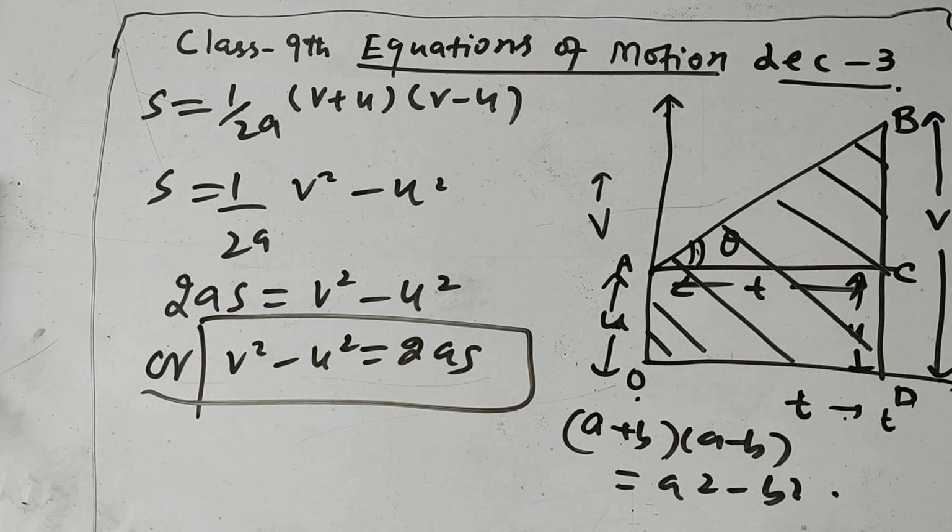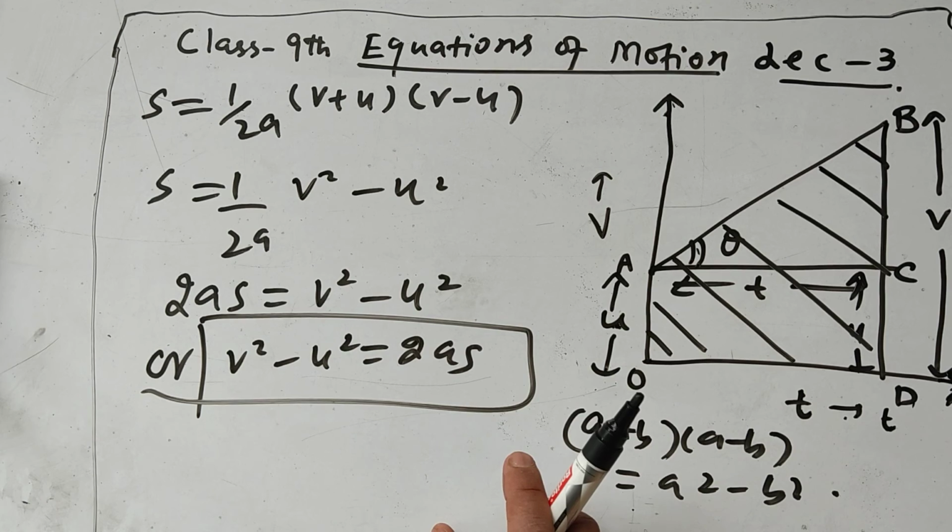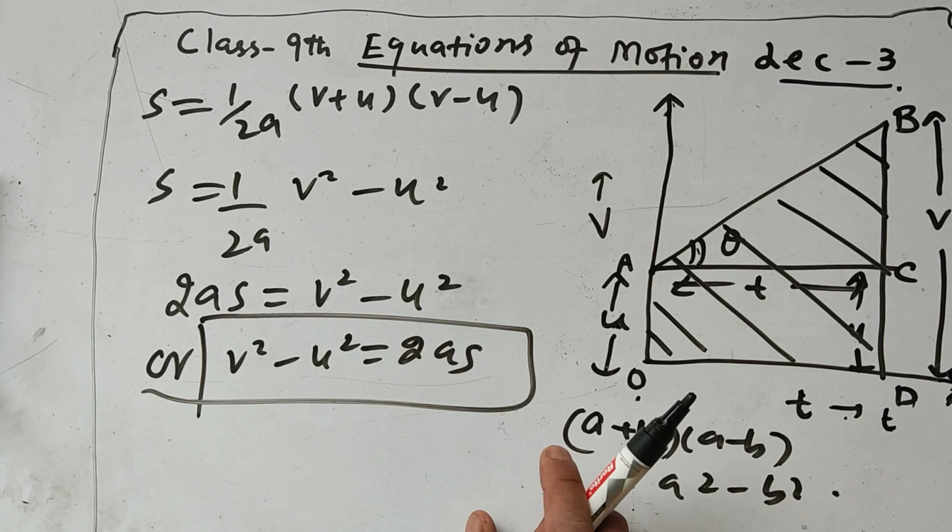But remember one point, these equations of motion are applicable only to those bodies which are moving with constant uniform acceleration. If the object has non-uniform acceleration, you cannot use these equations. These equations will help us solve many numericals.